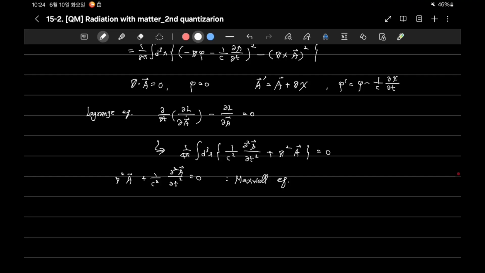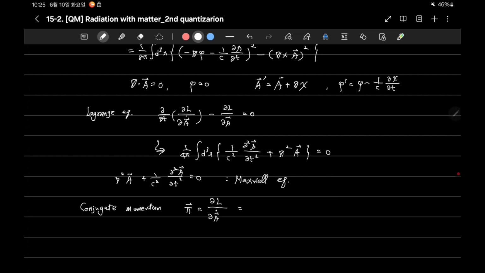From this Lagrangian, I will deal with the Hamiltonian. First, the conjugate momentum. Let's define the conjugate momentum pi as the Lagrangian derivative with respect to A dot.